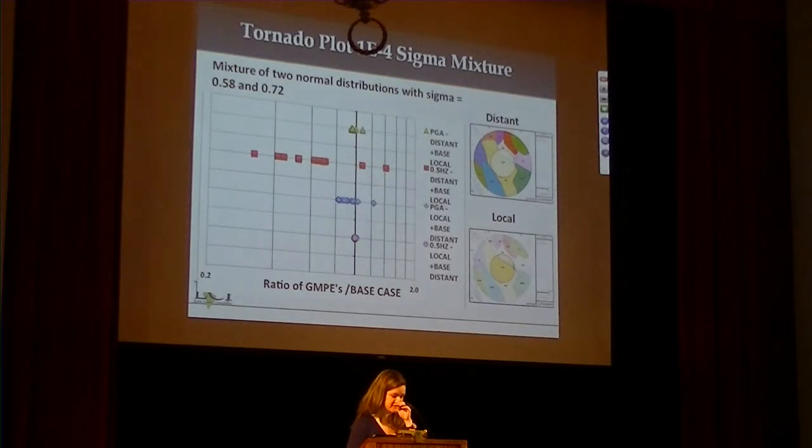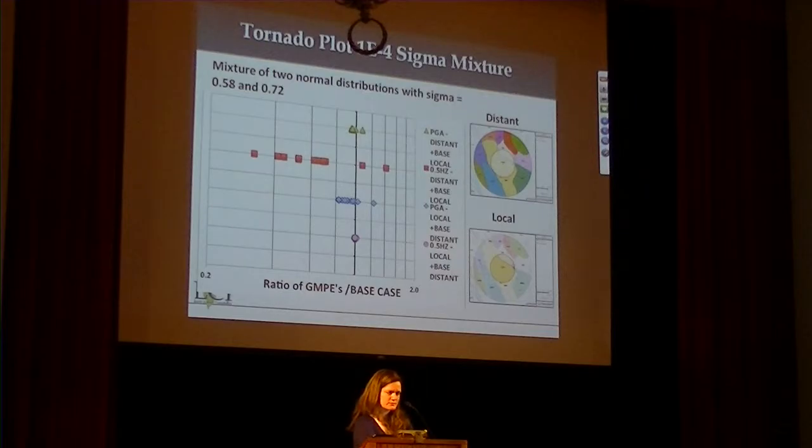So here are the results for 10 to the minus 4. And you can see that you have a little bit more spread at PGA for the GMPEs important at the distant sources, as well as at half a hertz. There's also approximately the same distribution as previous for the GMPEs run with the local sources for PGA.